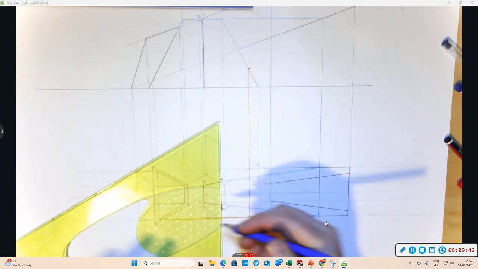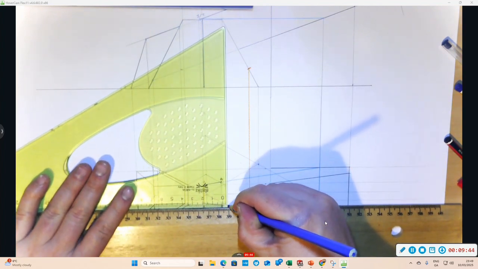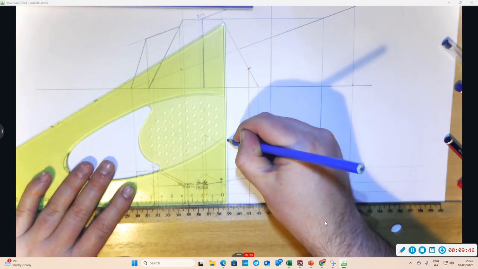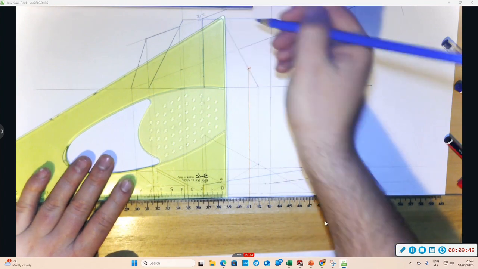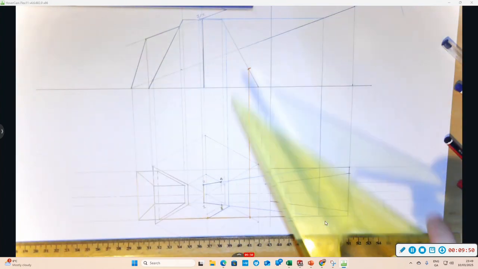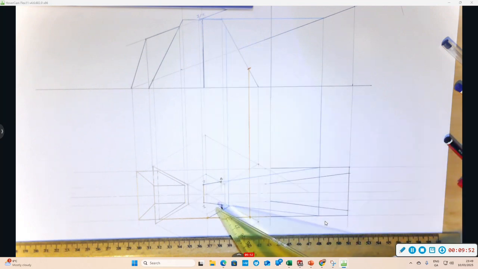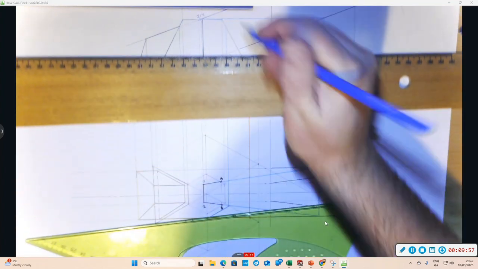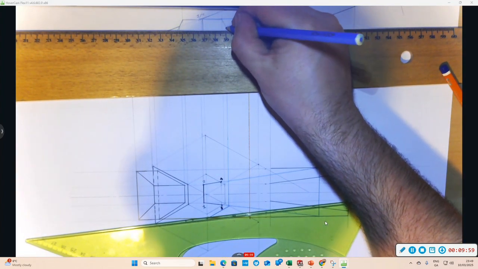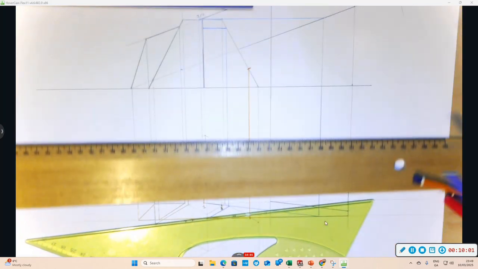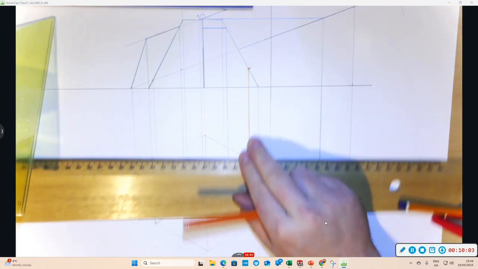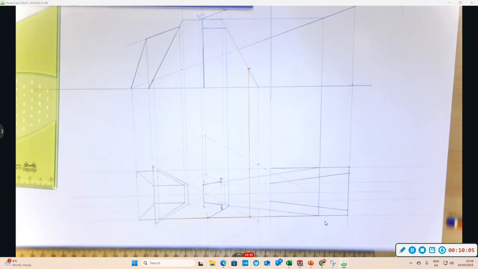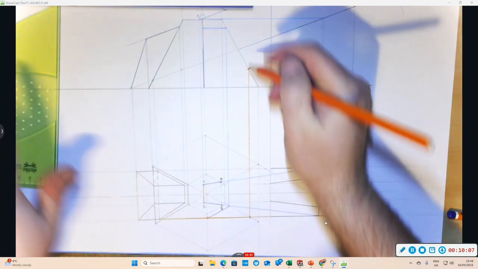I'm going to bring it up to elevation, and I'm going to go parallel to the edge of the small hexagon in elevation, which is here. So I'm going to go across in elevation. Parallel lines are parallel in every orthographic view. Now, that's that point in elevation, so I can join them together.